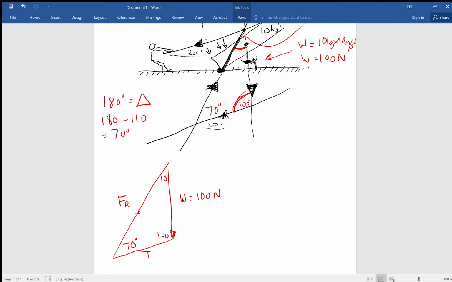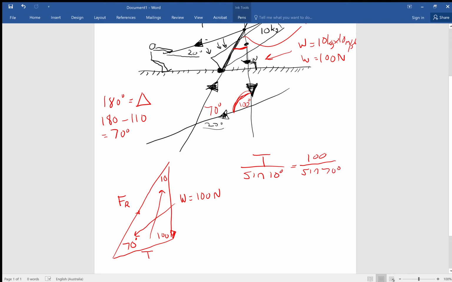But basically what you need to do now is say T, which is a side that we don't know, over the sine of the angle that's opposite, so T over sine 10 degrees is equal to W over the angle that's opposite, which is sine 70 degrees.